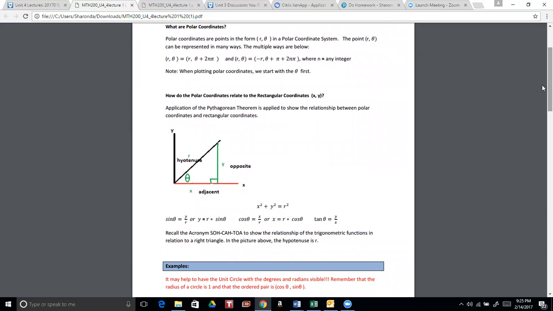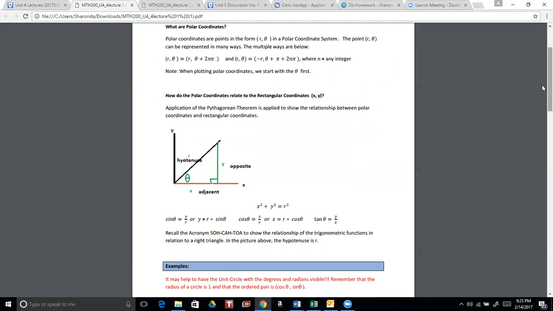How do the polar coordinates relate to the rectangular coordinate system? All right, so in relation to the rectangular coordinate system, again, we can relate this to the Pythagorean theorem, where you have c squared is equal to a squared plus b squared.